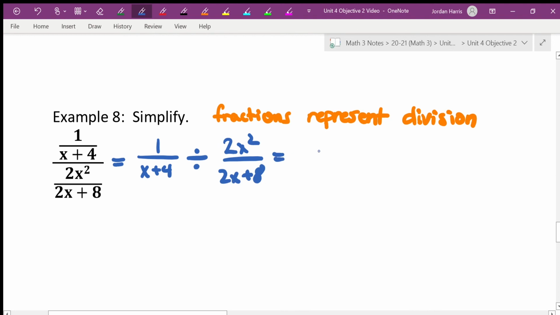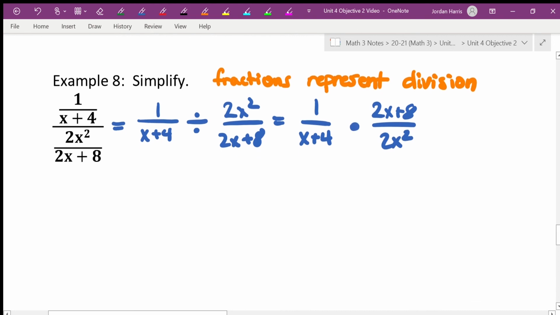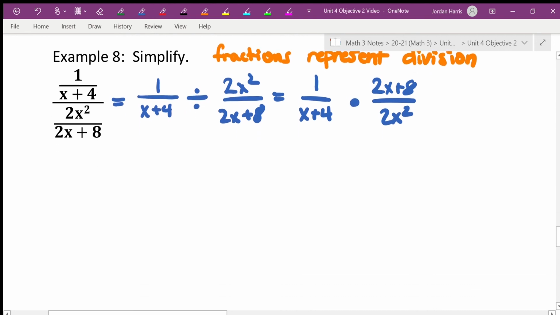That is exactly what we've been doing. Keep the first, flip the second, change the multiply. KFC. Okay, now I factor. First one doesn't factor. 1 over x plus 4 times 2 GCF.